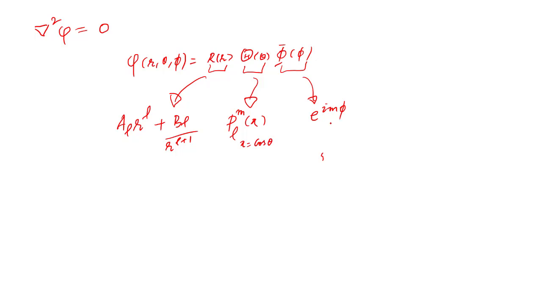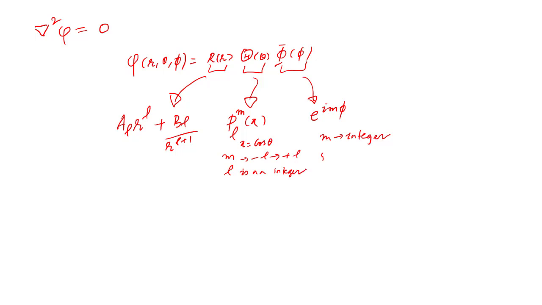And we saw that if there is phi symmetry, then m is an integer, and m goes from minus L to plus L, and L is an integer. This is what we have seen from solving the differential equations.